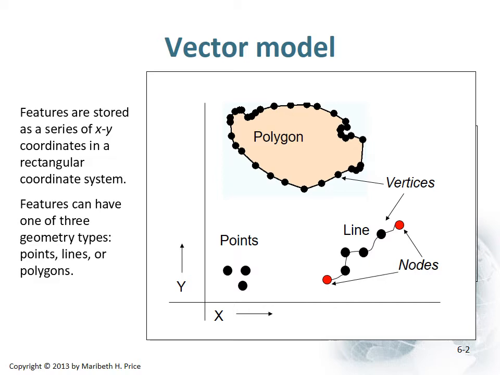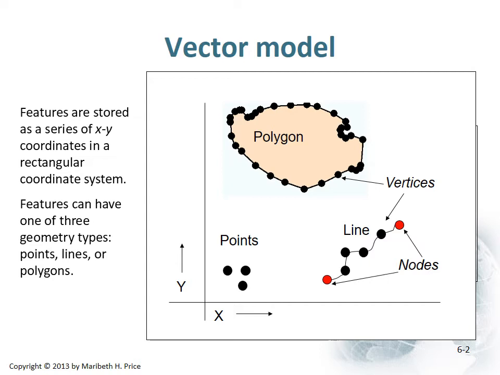Vector data can be simple points, which are point locations in space. It can be linear or lines. Lines are composed of points known as nodes with a start node and then a sequence of vertex points or vertices that describe the linear feature across space, and eventually an end node that denotes where that line terminates.